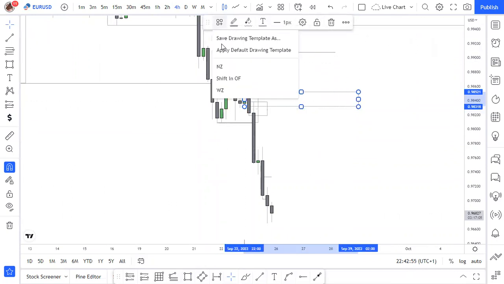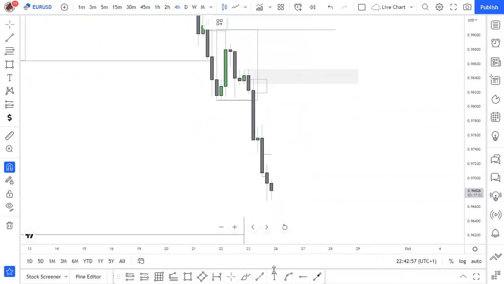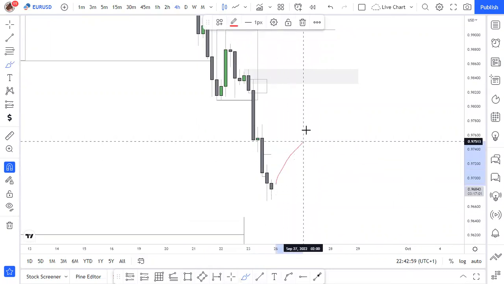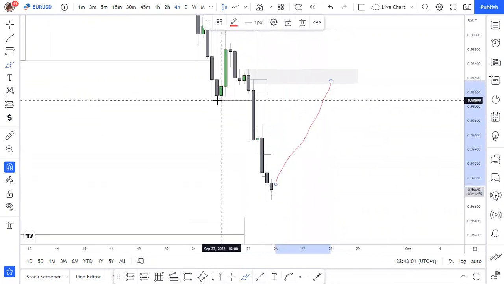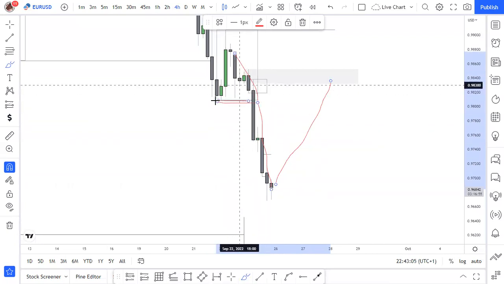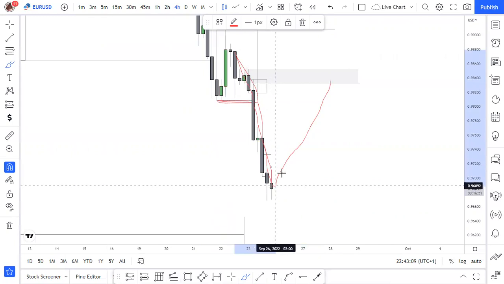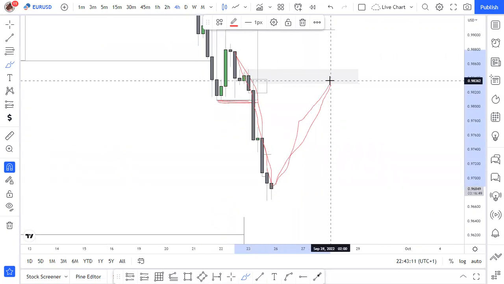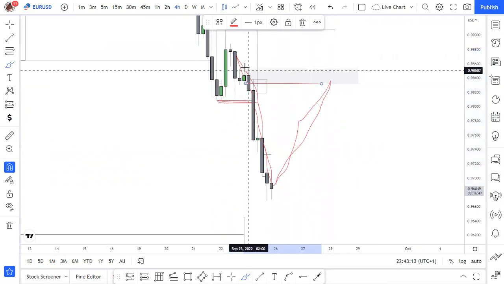So we can still expect price to pull back into this zone, because the 4-hour structure is also in a push phase, just like we saw on the dollar index. So we want to see some kind of pullback into maybe this supply zone.